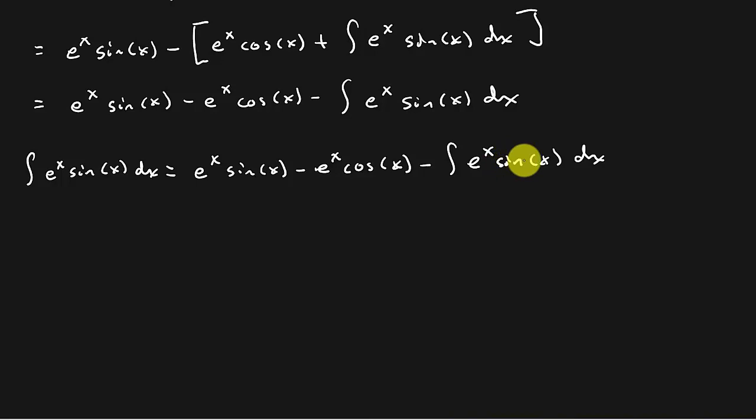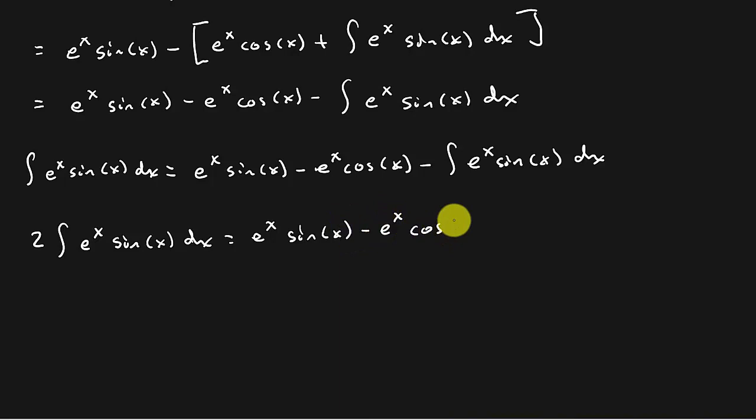Okay, so look at this. Well, this gives us what? 2 times the integral e to the x sine x dx is equal to e to the x sine x minus e to the x cosine x, right? And then, look, now we just multiply everything by a half.